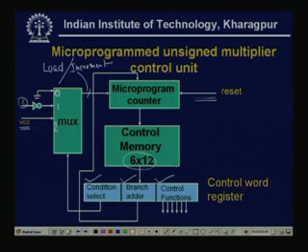So, if the condition specified by the condition select field is true, if this is equal to 1, then the content of this branch address is loaded to the MPC.